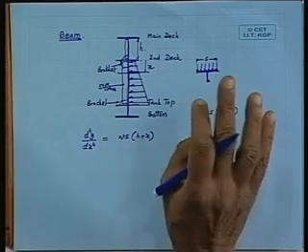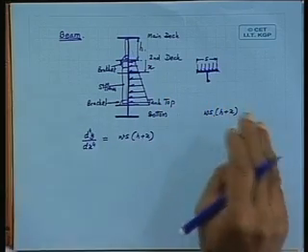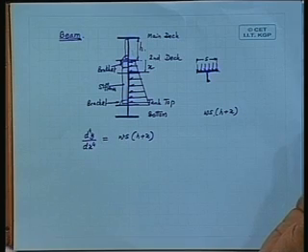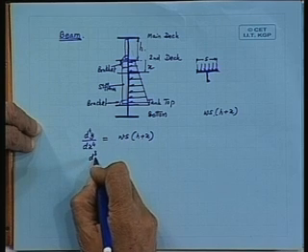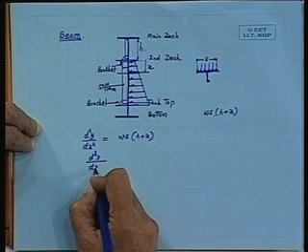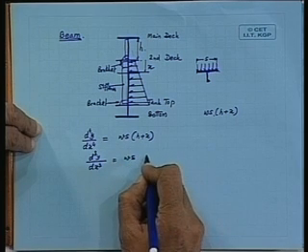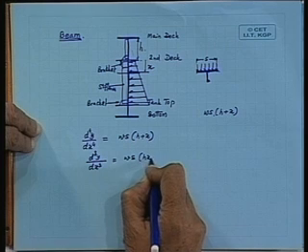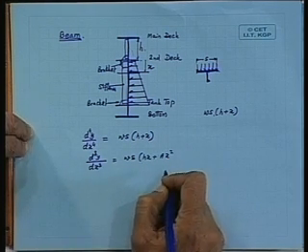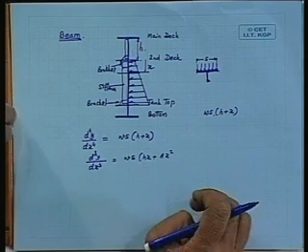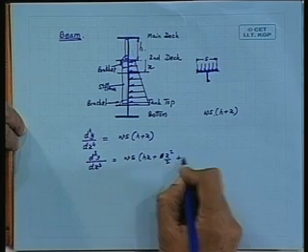That means the fourth derivative of the displacement with respect to the linear coordinate gives you the intensity of load, and from here the first integration will give you Ws (h x plus x square by 2) plus a constant of integration.